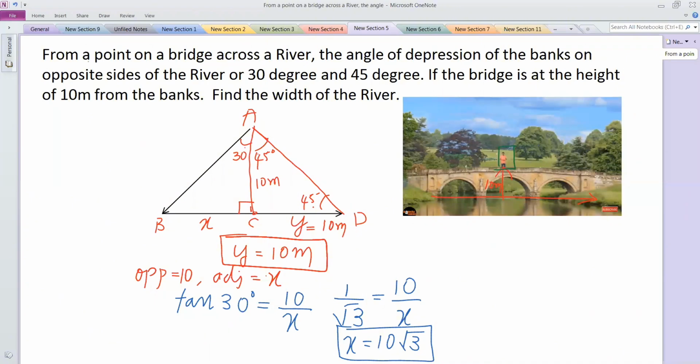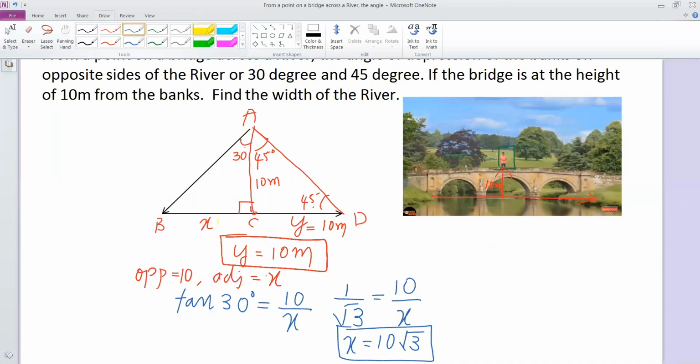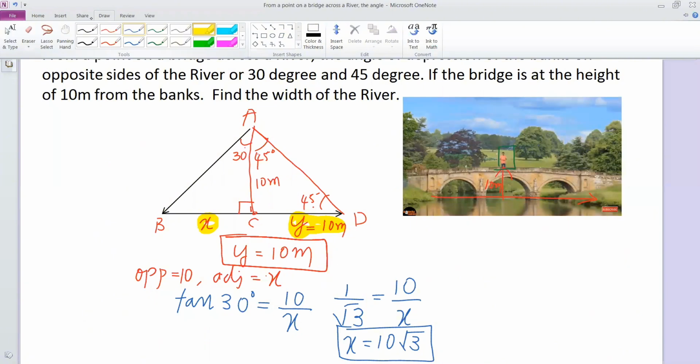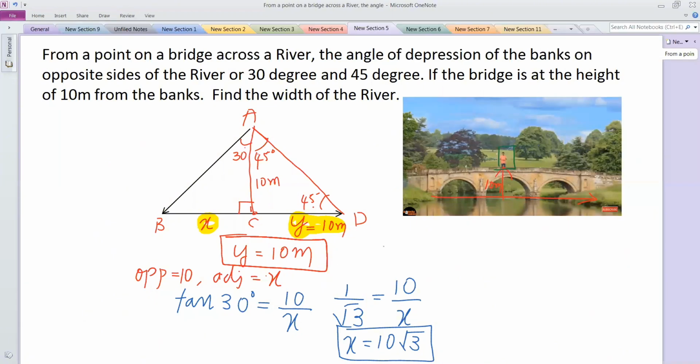If we add x and y, then only that is the length of BD. Therefore, BD is equal to x plus y. The value of x is 10 root 3 plus 10. If you take 10 as common, we can write 10 times root 3 plus 1.